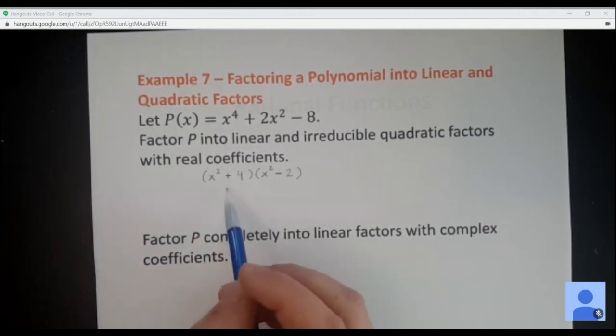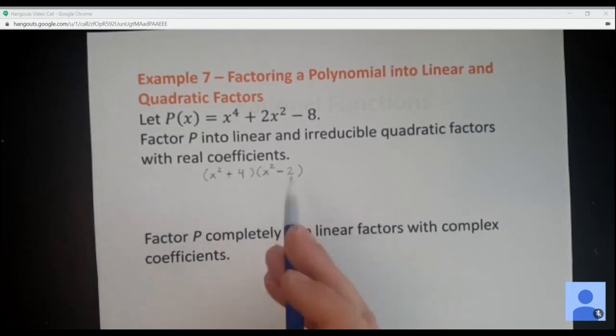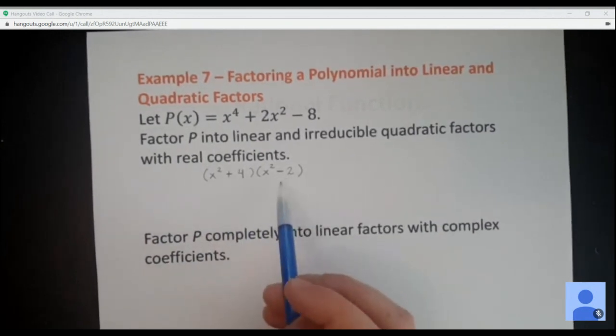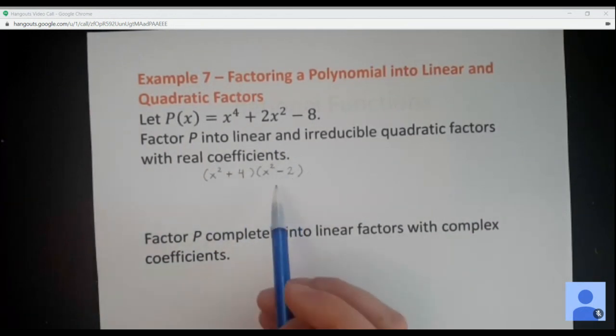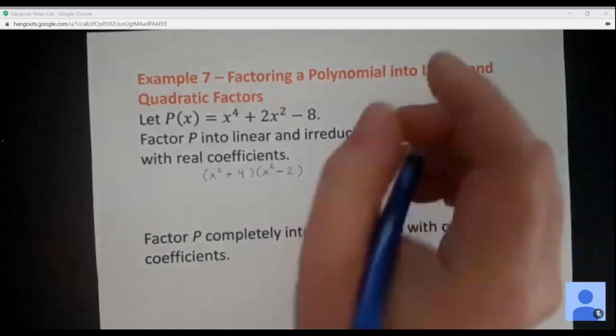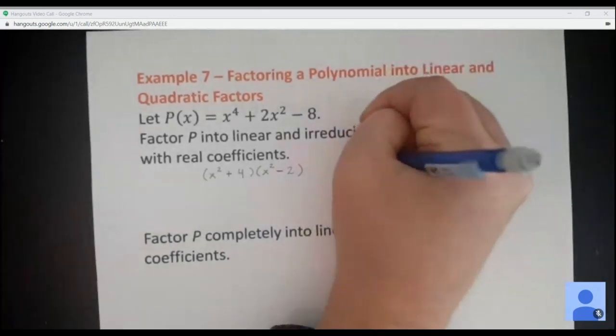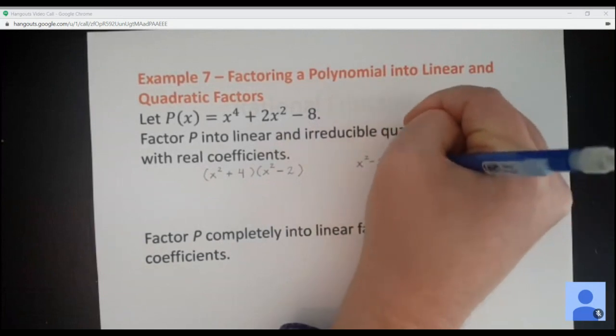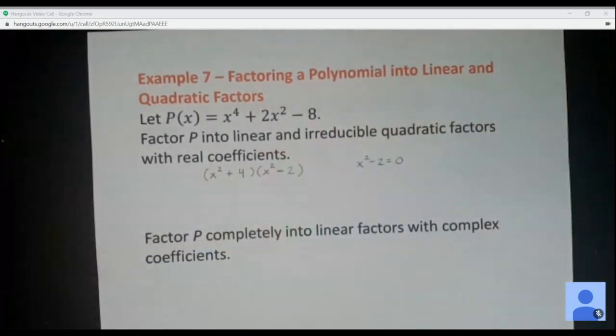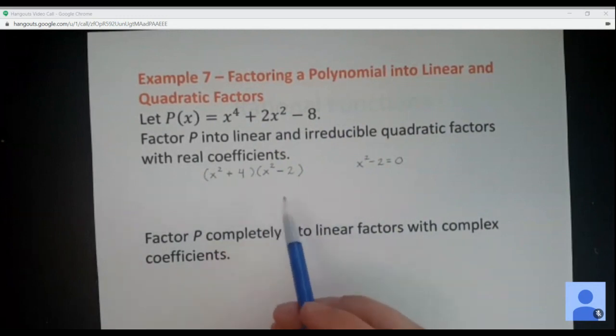This is what we call a sum of squares, and remember that's never going to factor. We know we can't do anything with that. This one over here, technically not a difference of squares because 2 is not a perfect square, but you'll notice in the book they're going to say, well, I can at least get real values out of that. So I'm going to set that equal to 0 to figure out what those other zeros would be, and then I'm going to use those as my linear factors.